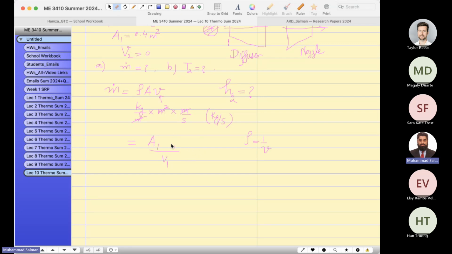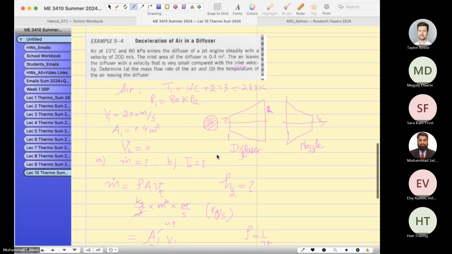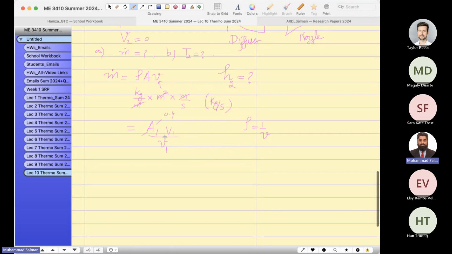I have to rewrite here. This is specific volume, this is velocity. Okay, area 1 is 0.4. This is given, 0.4. Velocity 1 is given, 200. But specific volume is unknown.